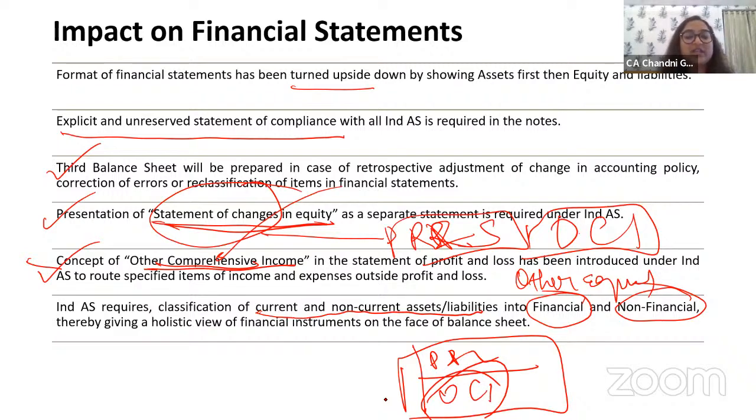This helps understand how many financial assets and liabilities the company has, because a financial asset showcases that the company has a right to receive cash in future, and a financial liability showcases that the company has an unavoidable obligation to deliver cash in future. This gives a more holistic view and a better understanding to the users of financial statements.